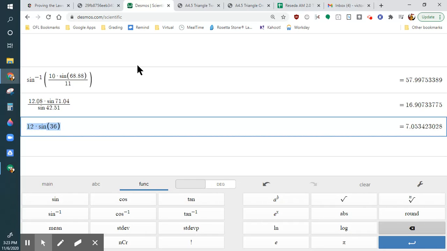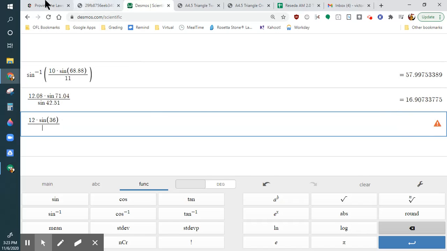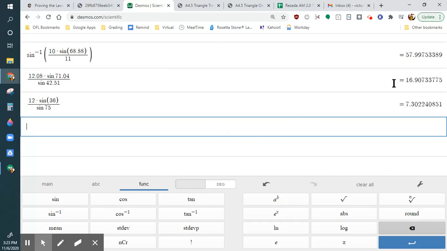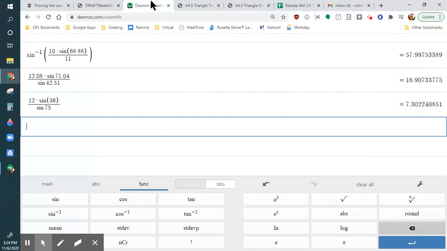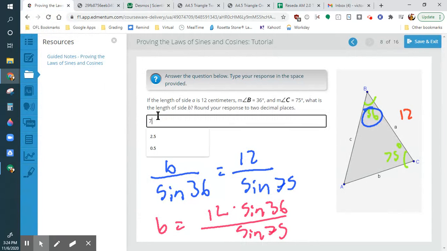All of this is over sine of 75. So here's our answer. We're going to want to go and plug that into our answer. So little b. So we have this here. And they want us to do two decimal places, which is 7.30. Done.